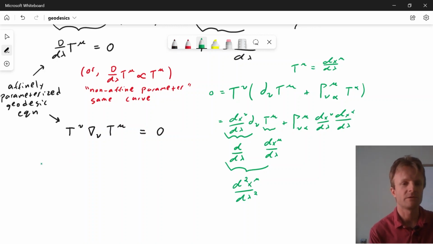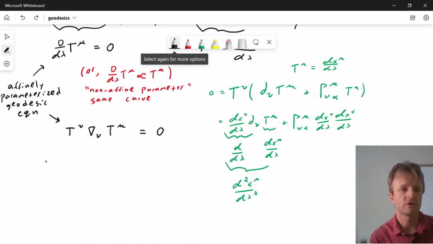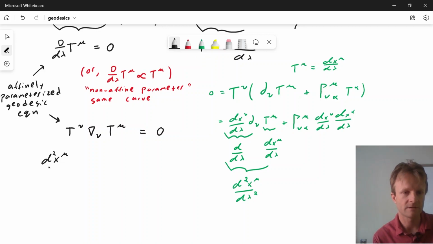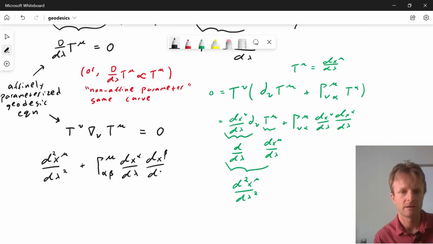So a third and most explicit form of the equation, which I've written out in green, is two terms. The first term is just the second derivative, d2x^mu d lambda squared, and then this Christoffel symbol term, and I'm going to relabel the indices alpha beta, dx^alpha d lambda dx^beta d lambda equals 0.